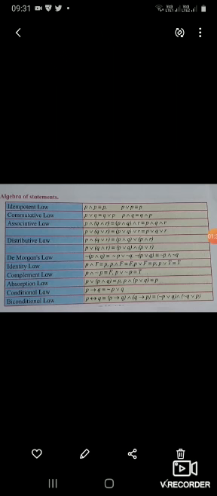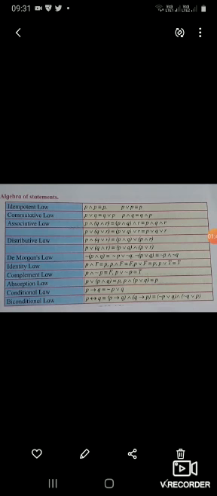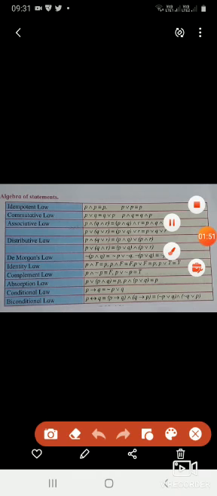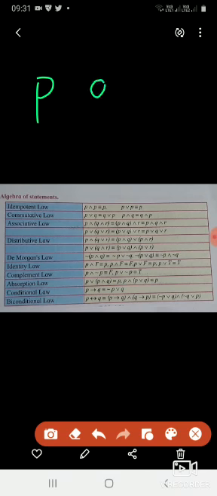First one, commutative law. Commutative law means two statements. One statement is P. Another statement is Q. These two are connected by the connective.